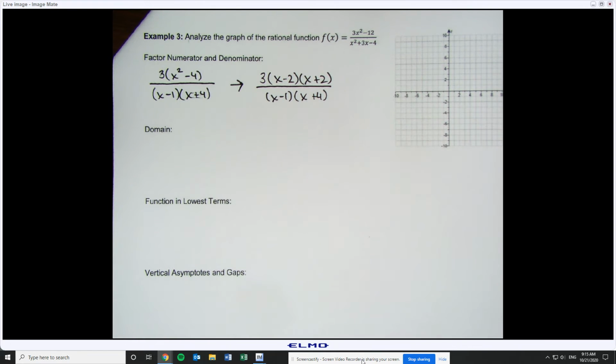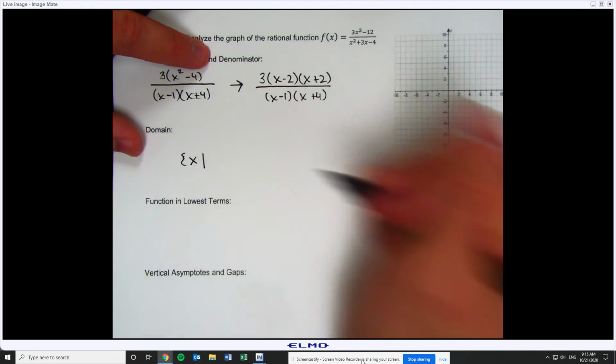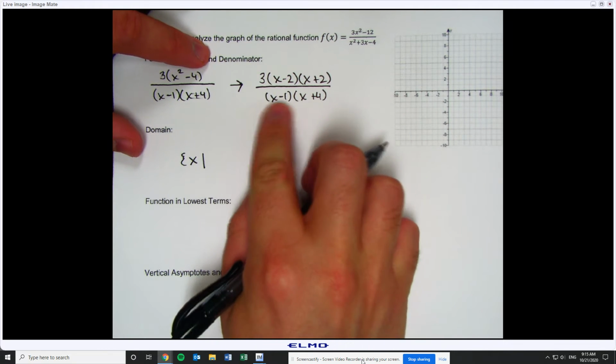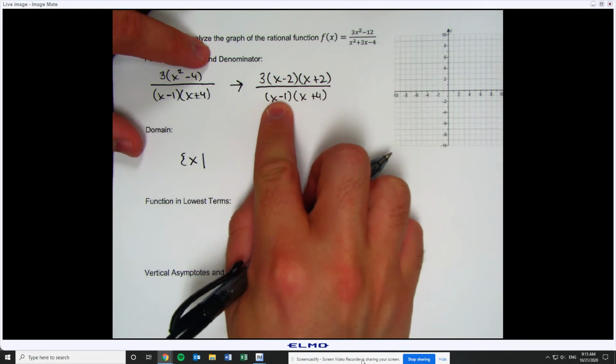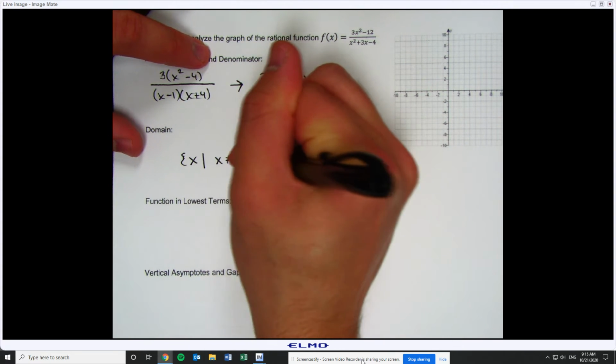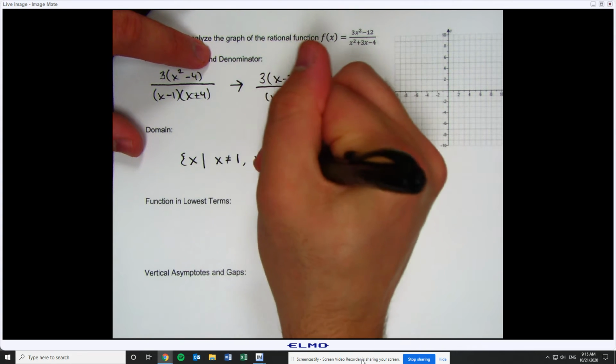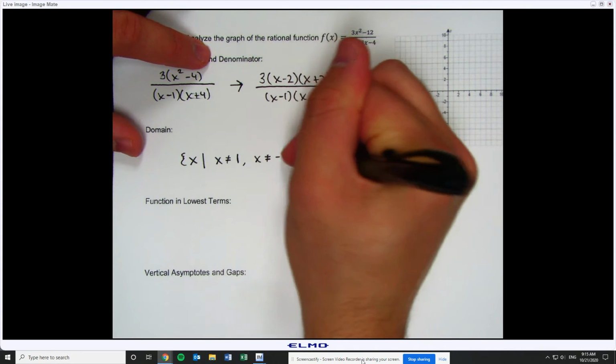Always try to factor as fully as you can because that's going to help you when it comes to doing your lowest terms. All right, so now figuring out my domain, I know I'm going to start my domain with a set of x's such that, then I look down here at the denominator. I see that x cannot equal 1, and then x cannot equal negative 4.